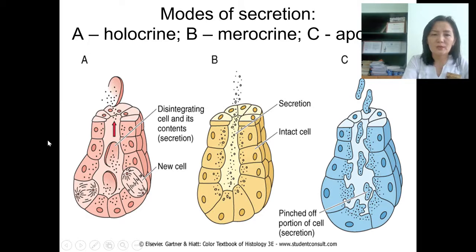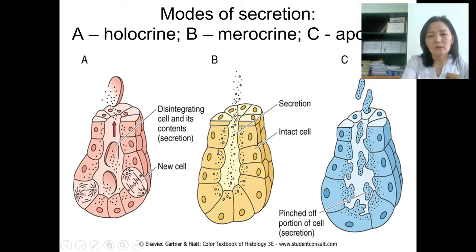Model of secretion, look. This is a holocrine secretion. We can see here that during secretion, cells die together with their product, the secretory product. And this one is merocrine.